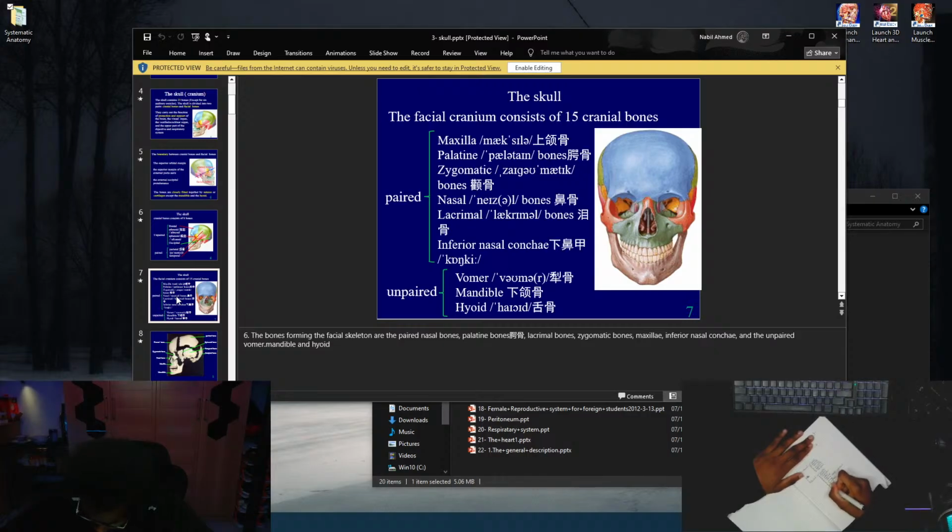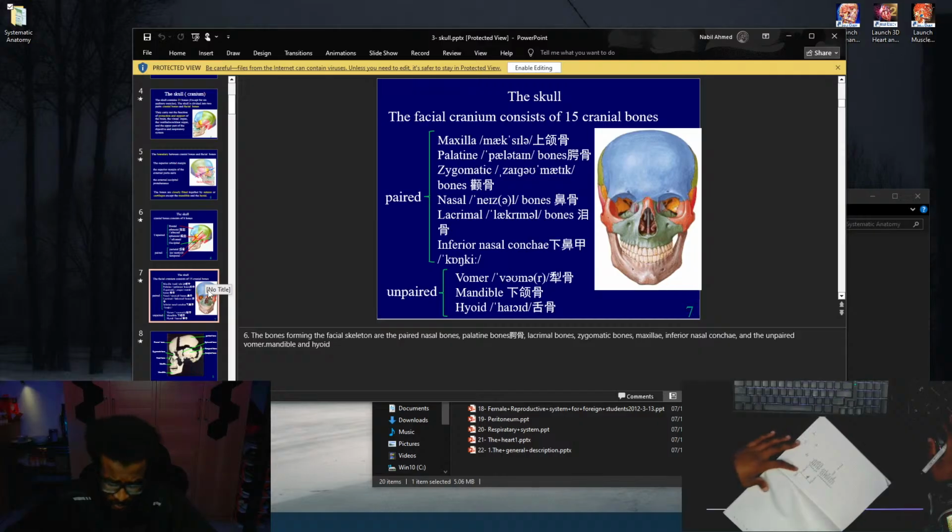I'll also include the other auditory ossicles. I don't exactly remember their names. Let me remember.